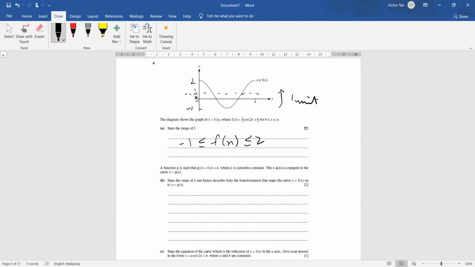So k will be 1. K is 1, and the transformation is a vertical translation by positive 1.